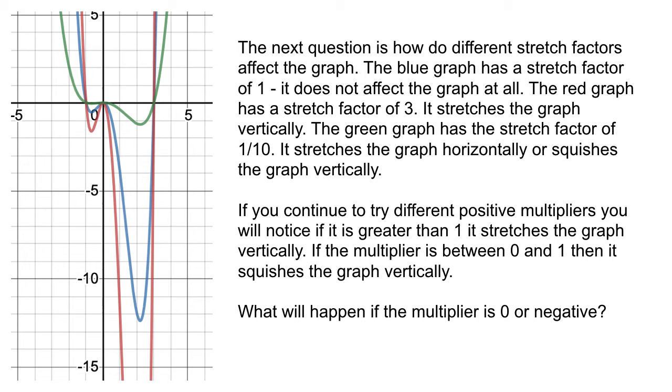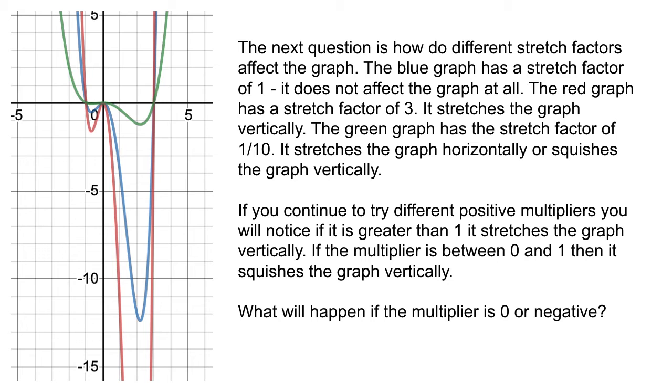If you were to continue to change the multiplier and look at the graphs, you would notice that as the multiplier is greater than 1 and gets larger, that just stretches the graph out. And when the multiplier is between 0 and 1, then it compresses the graph.